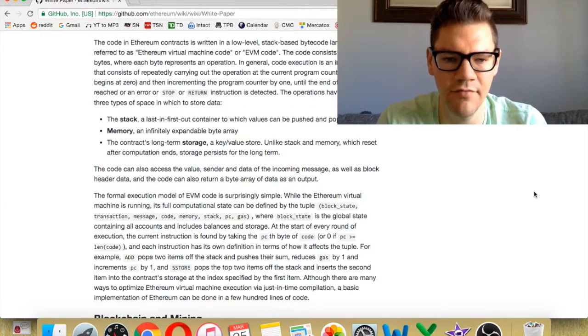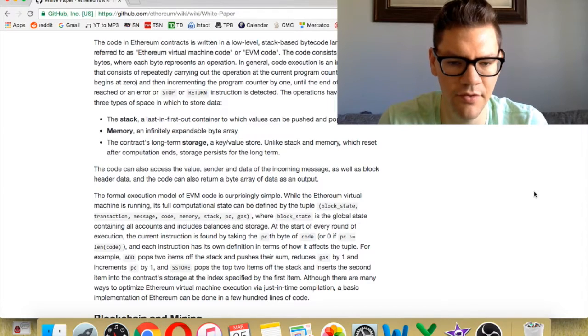At the start of every round of execution, the current instruction is found by taking the pc-th byte of code, or 0 if pc >= len(code), and each instruction has its own definition in terms of how it affects the tuple.